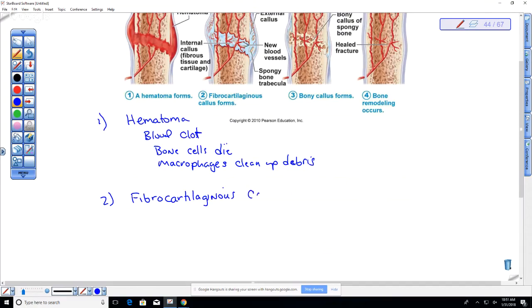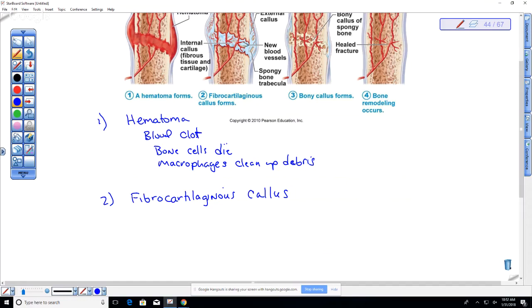So we need to repair the bone, but the first thing we need to do is lay down connective tissue, right? So bone can't form on its own. It has to go through a stage like the hyaline cartilage modeling, right? Where it actually goes through a stage where you get that modeling.